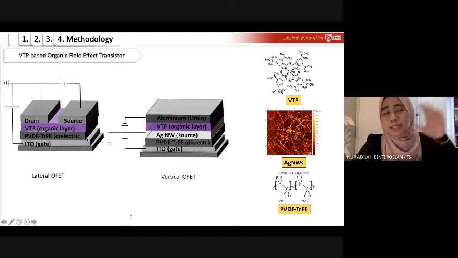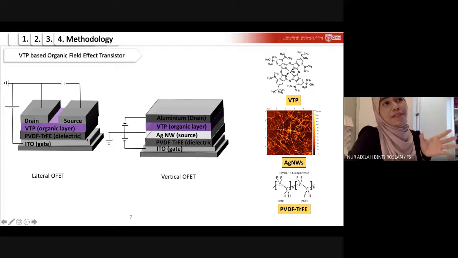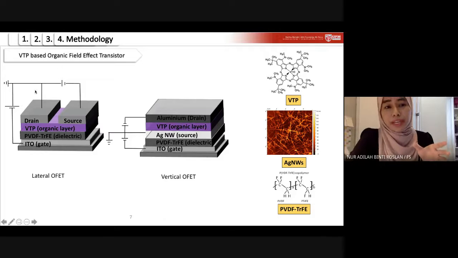For example, the channel length is defined as the distance between the drain and the source electrode. So you can see here in the lateral offset, the channel length is defined by these two distances. But for the vertical offset, the channel length is defined by the thickness of the VTP layer. So the thickness is going to be your channel length.